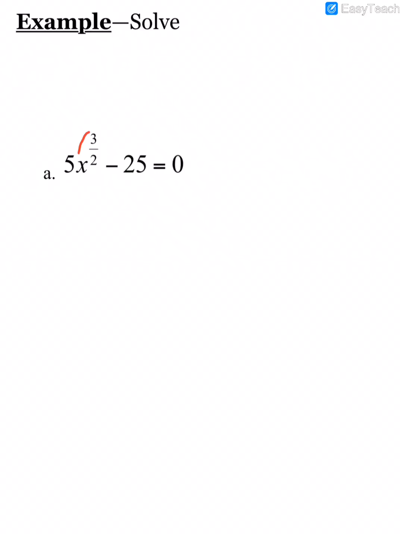So we want to get just that part by itself on one side of the equation. I'm going to add 25 to both sides. And then to get that 5 off of the x, I'm going to divide by 5.